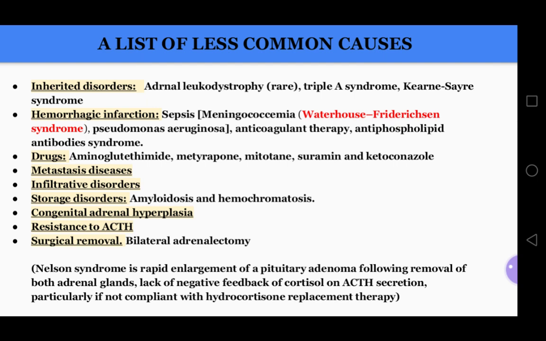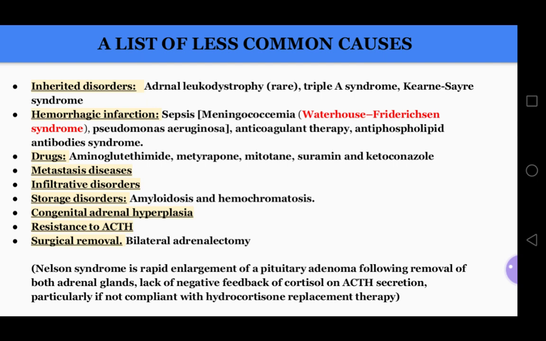This is called Waterhouse-Friderichsen syndrome. Sepsis due to Pseudomonas aeruginosa can also cause Addison's disease. Hemorrhagic infarction because of anticoagulant therapy or antiphospholipid antibody syndrome can also cause Addison's disease.